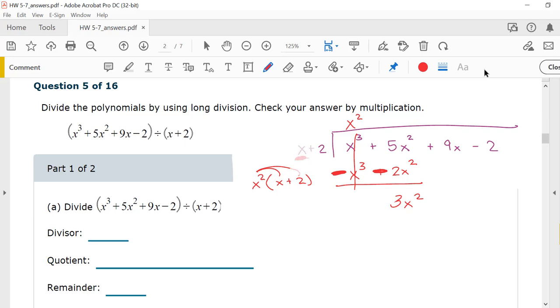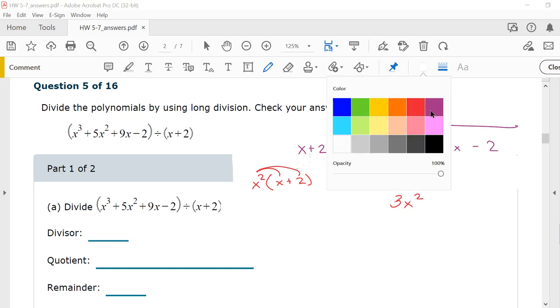I'm going to do the same thing again, but this time, x times what gives me 3x squared?